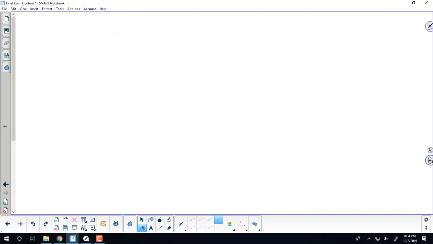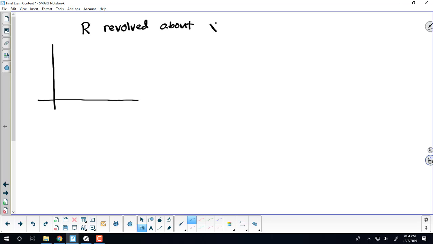So we could take that same region R revolved about the x-axis still, using the shell method.